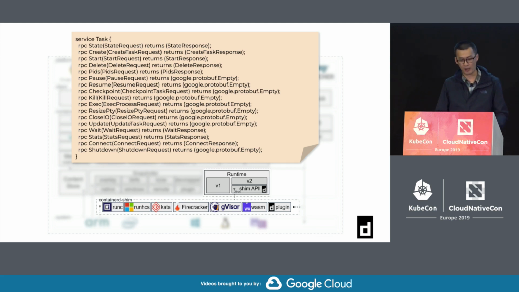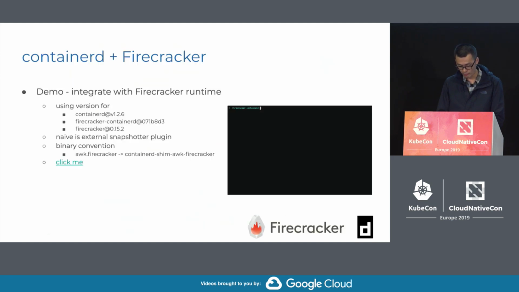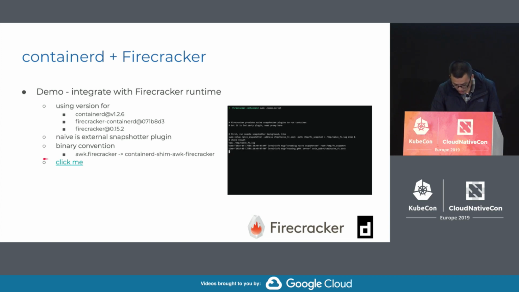So this is all about the solution here. So let's check out the demo. And the first one is I will show you the integration with Firecracker. So hold on a second.